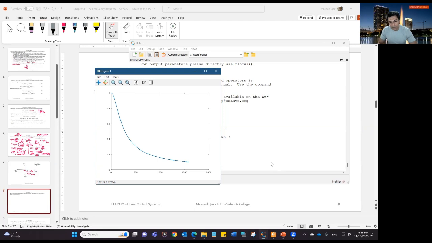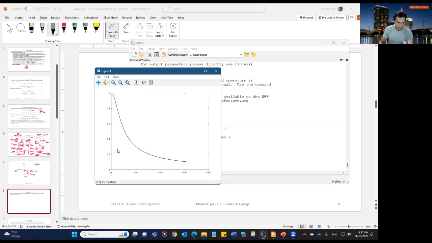Now, many times when we are plotting, and we're going to do the Bode plot in a little bit, the x-axis we take in logarithmic scale, such that the x-axis is divided into 10-fold of frequencies. So going from 1 hertz to 10 hertz to 100 hertz to 1000 hertz, but each 10-fold has the same width. Why do we do that? Because, for example, for a low pass filter, most of the frequencies of interest are on the low side, but we are going to a very high frequency.